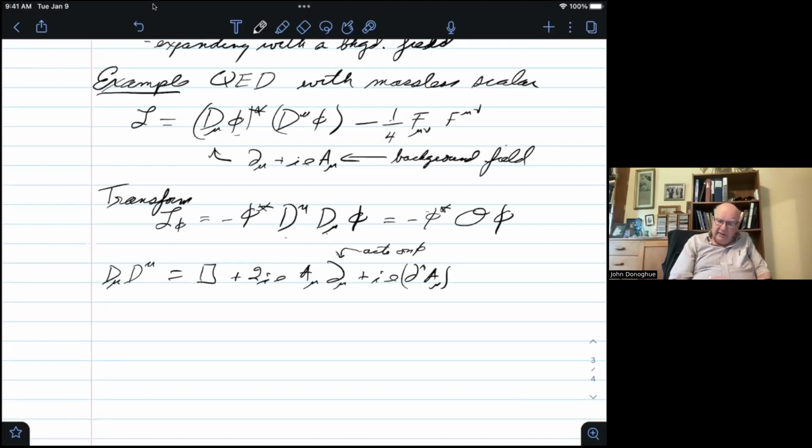And then there's a piece that's second order because I have two derivatives and each have an A in it. There's a minus e squared A_mu A^mu. Okay. And so for the moment, I'm just going to call this thing box plus V of x. And that's the perturbation.